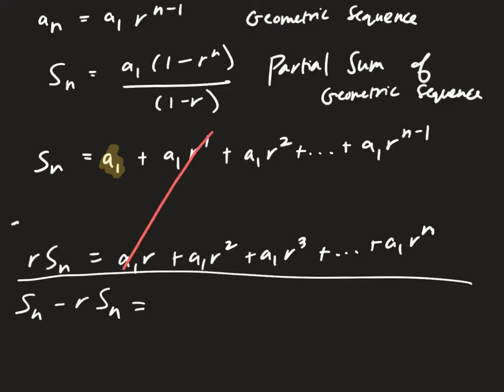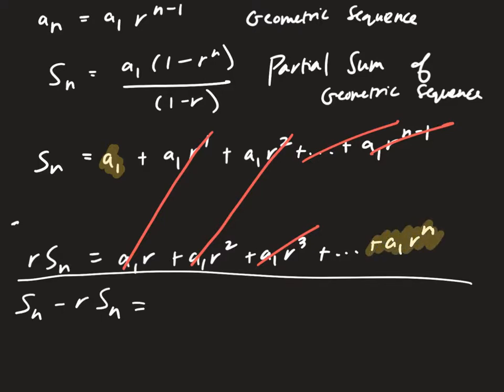Okay. A sub 1 times r to the second power. I see that this actually cancels out. So I'm going to cross those out. Okay, and I'm assuming, right, that each one going on and on is going to cancel out. So a sub 1 r to the third power, right? These would cancel out. And what would be left would be these two terms, right?